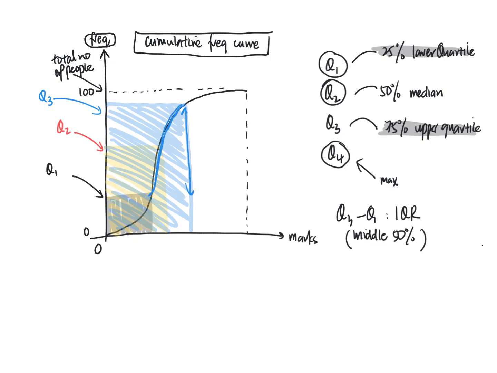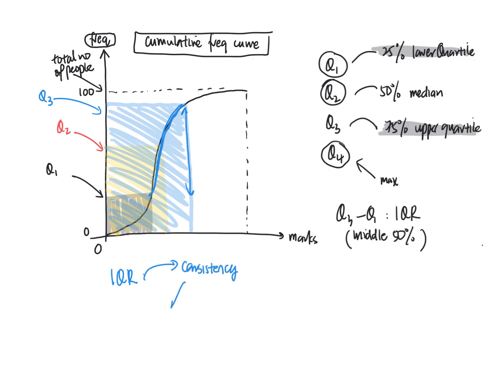So first thing first, what does interquartile range tell me? When I want to make an observation, what does interquartile range tell me? My consistency.